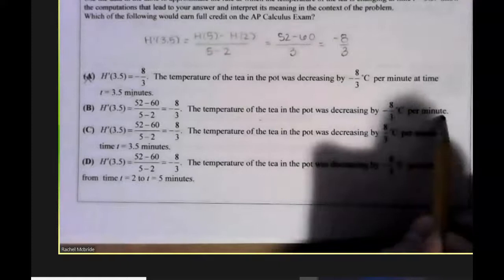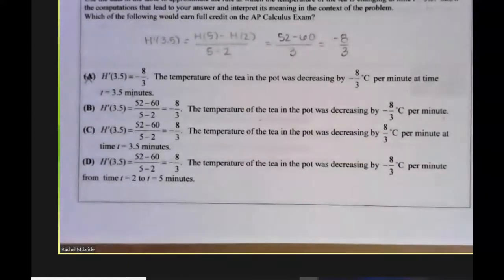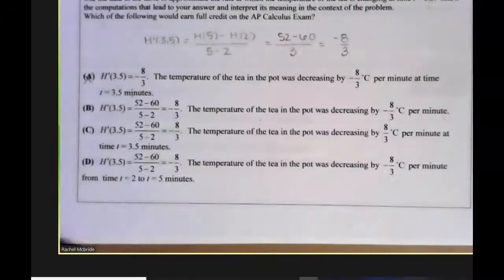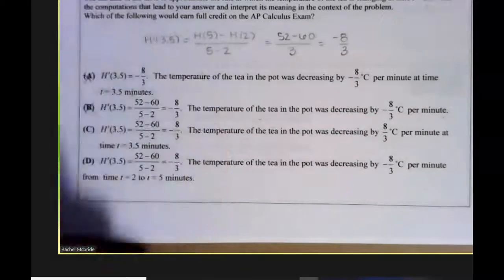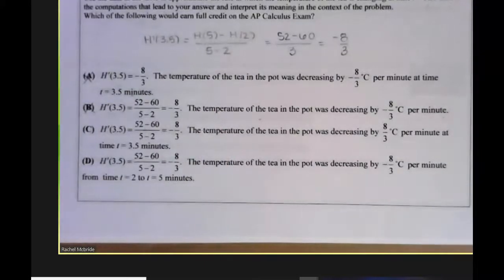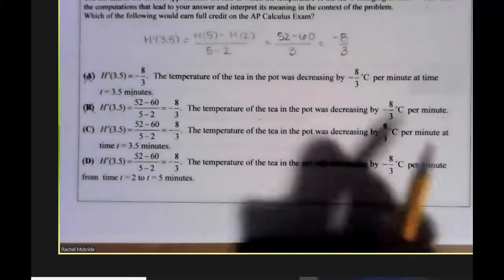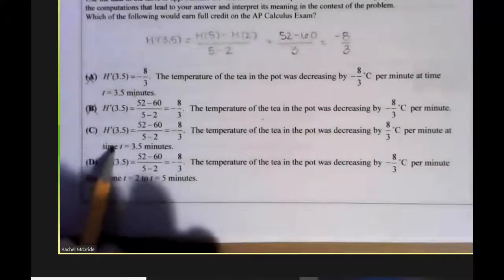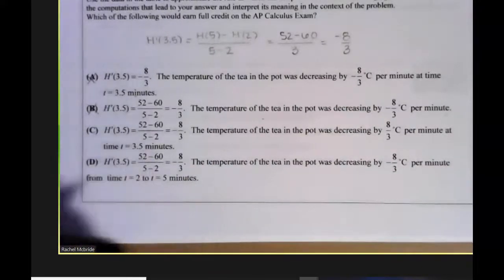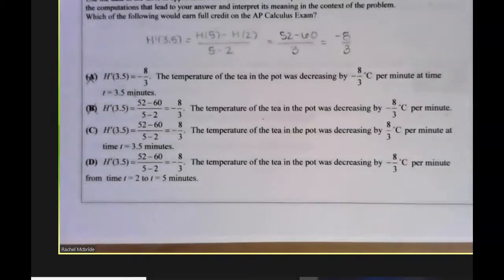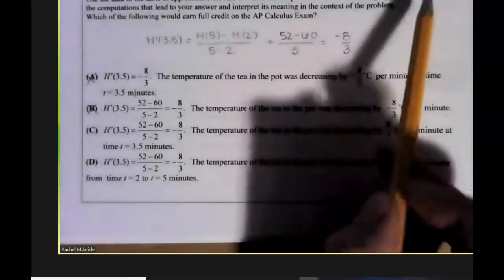Per minute. Well, it's not per minute because it's changing. This isn't a linear function. Per minute at time t equals 3.5. Isn't that what I'm looking for?